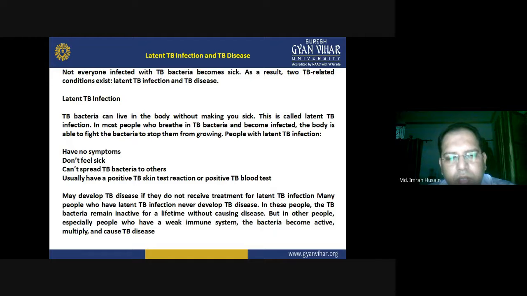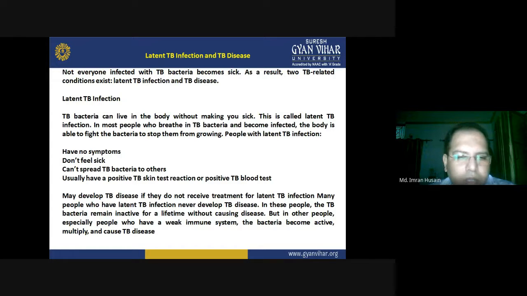They may develop TB disease if they do not receive treatment for latent TB infection. Many people have latent TB infection but never develop TB disease. In these people, the TB bacteria remain inactive for a lifetime without causing disease.